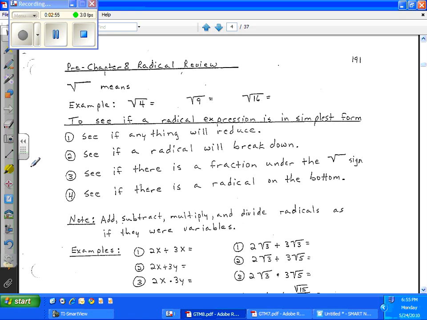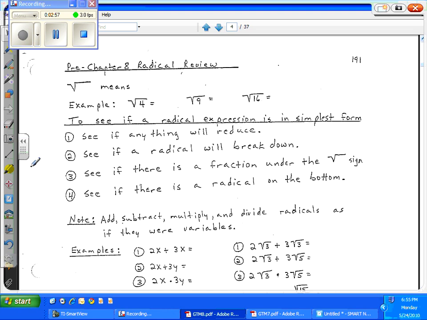So on page 15 of the Algebra 1 text, we learned square root means what times itself equals. So we could say, well, what times itself equals 4? 2. Or what times itself equals 9? 3. Or what times itself equals 16? 4.